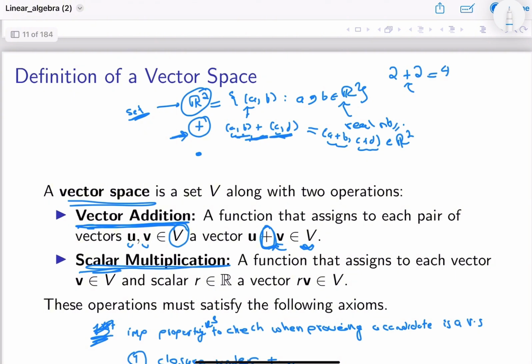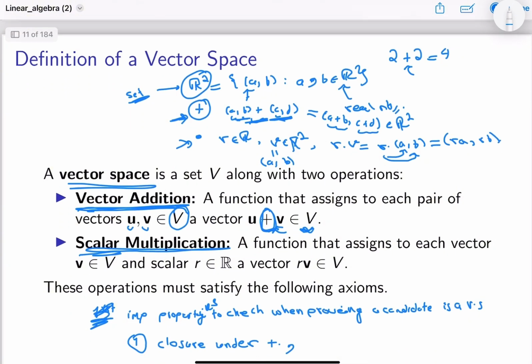The second thing we need to define for a vector space is the scalar multiplication, which means you want to take a real number, I stress it's a number, and you take a vector in V, in this case in R2. You need to define what it means to take r times v. Vectors in R2 take the form (a, b), where a and b are real numbers. One way to define what r times (a, b) is to define this element-wise, meaning you multiply the first by the first and the second by the second. This gave (ra, rb).